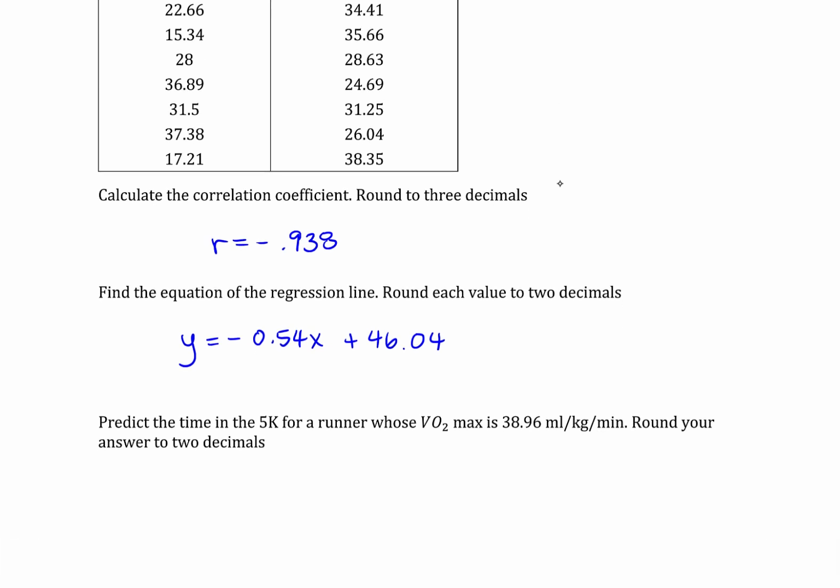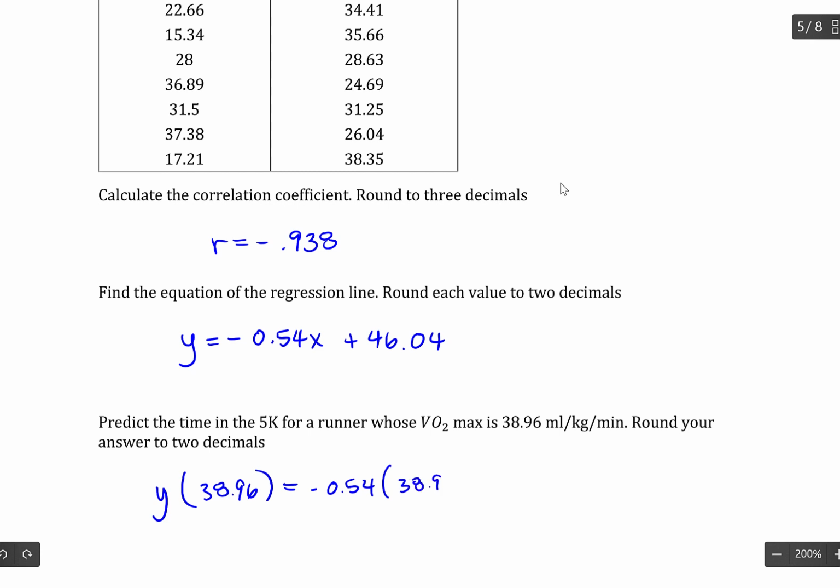And then predict the time in the 5K for a runner whose VO2 max is 38.96 milliliters per kilogram per minute. Round your answer to 2 decimals. So we want to plug 38.96 into this line equation, so negative 0.54 times 38.96 plus 46.04.